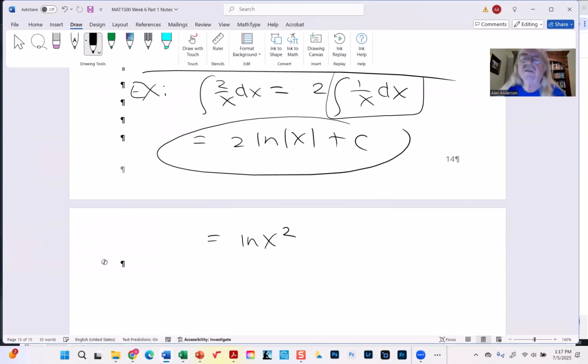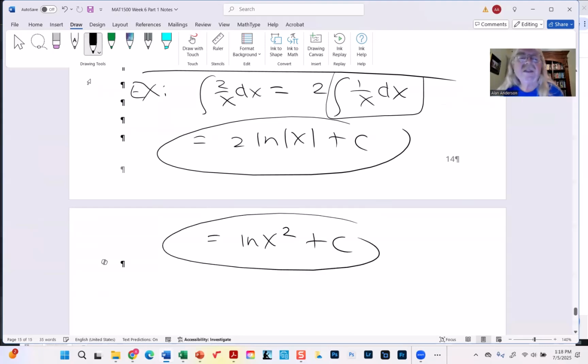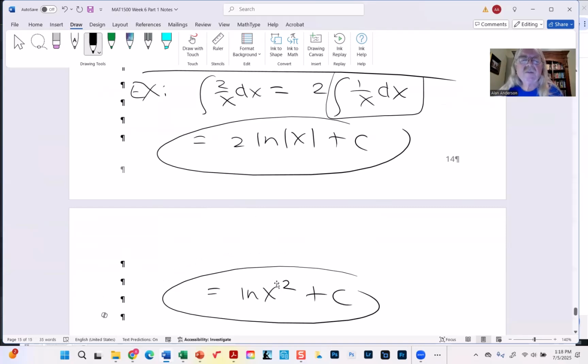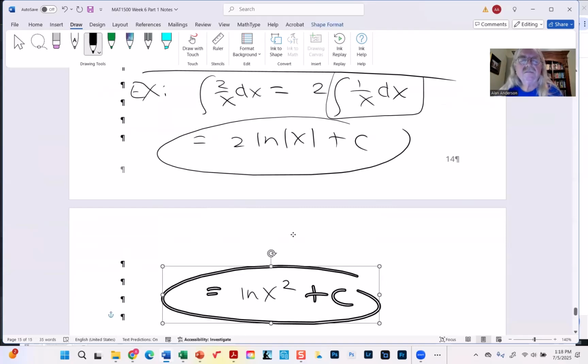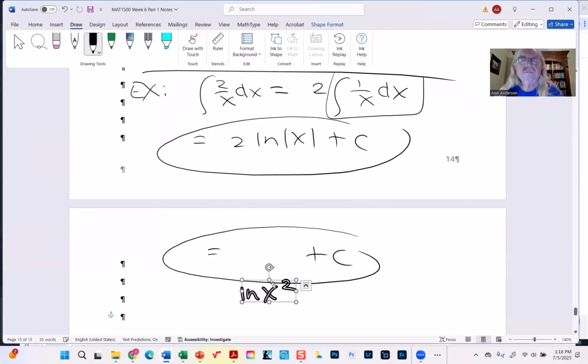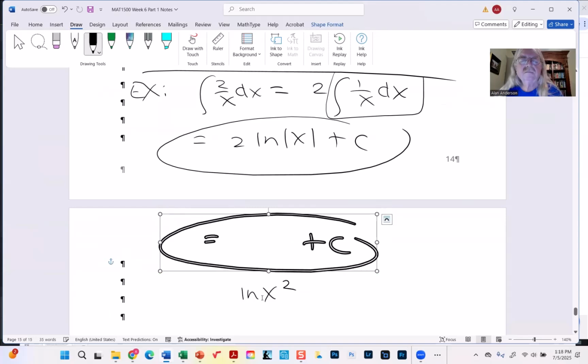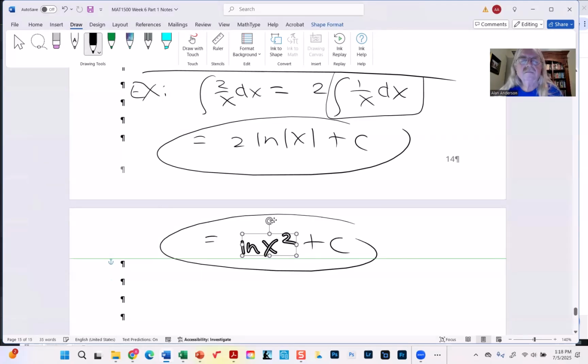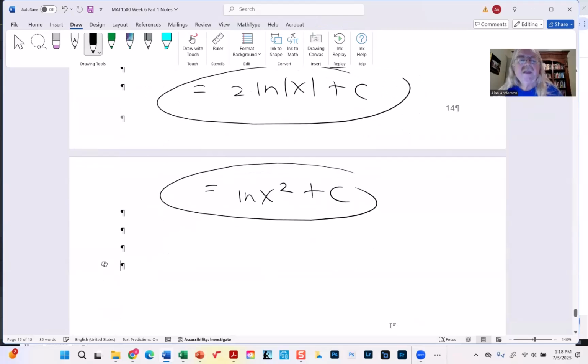You notice they dropped the absolute value signs because this clearly has to be positive. So of course they both mean the same thing. Remember, that's based on that property we had earlier, that the log of x to the n is n log x. All right, good.